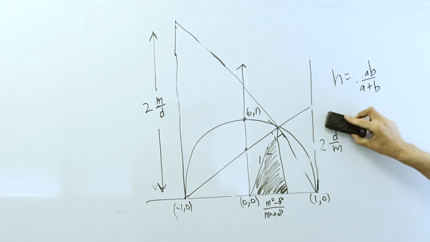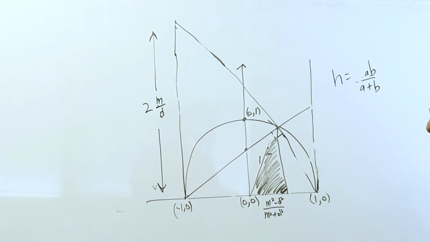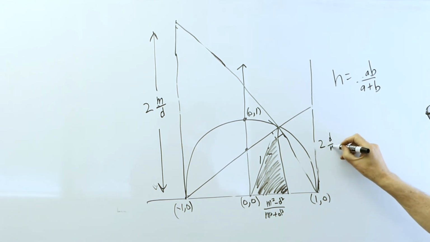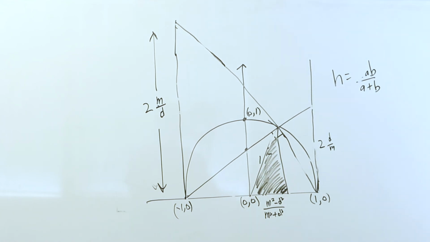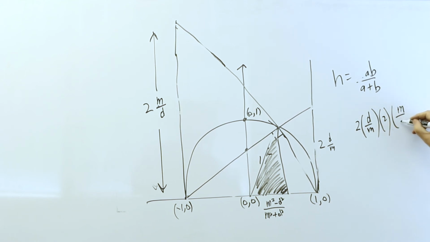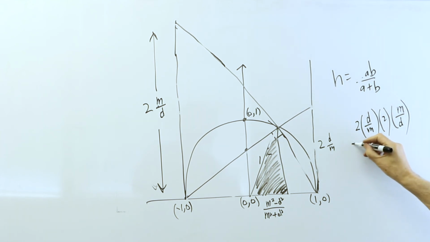So we want to find, that was d over m. We want to find the product, 2 times d over m times 2 times m over d. That's their product divided by their sum.